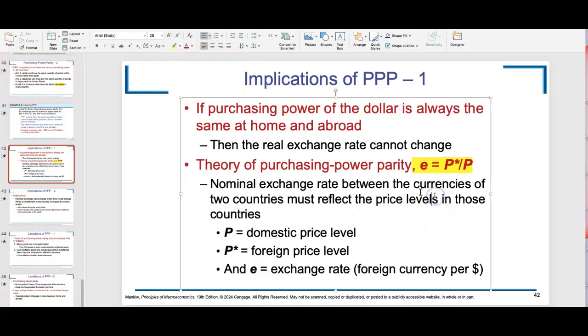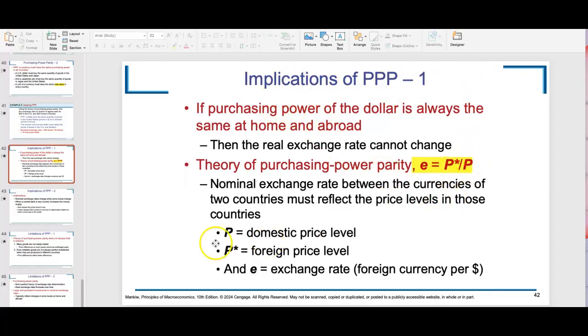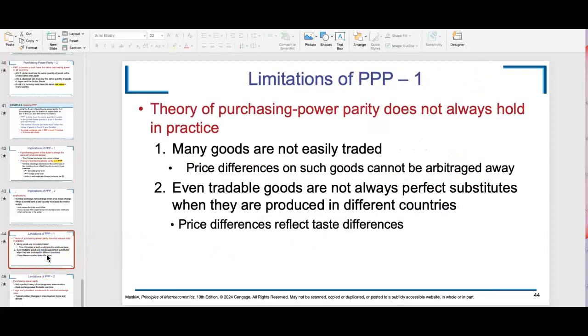It's an implication of purchasing power parity. But because this implication stands true, and because the price level changes differently in different countries, that is the limitation. This identity does not mean that the US dollar has the same purchasing power in every country at every moment in time. Sometimes we can have the same purchasing power, and sometimes we might not. So it's not a slam dunk.